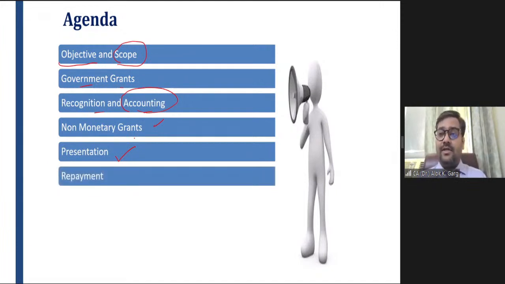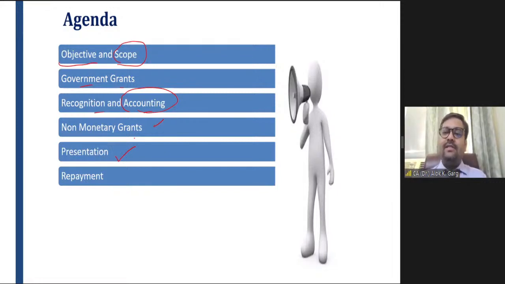Then we will discuss, for example, a government has given a grant, and you all are aware why government will give a grant. Government will give a grant to promote an entity in compliance with some conditions. So government is saying, if you install your factory or plant in a remote location, in that case I'll give you a subsidy.